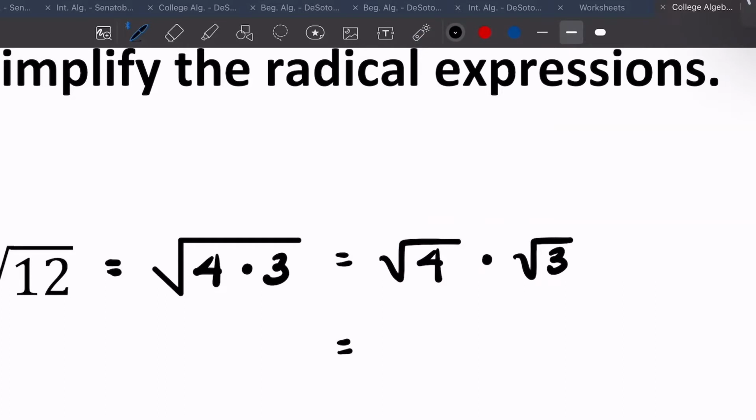It's 2. So we can simplify the square root of 4 as 2, on the square root of 3. That's how we say that: 2 on the square root of 3. You can also say 2 times the square root of 3. If I say either one, I am referring to the same thing. So we know what this is. That is 2.